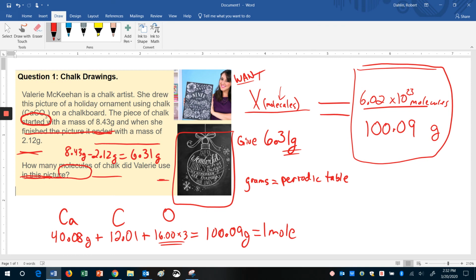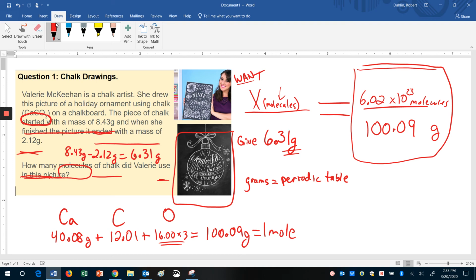Okay, now I simply need to cross multiply and solve for my answer. So I'm going to do that, 6.02 times 10 to the 23rd. And remember, use the EE button there. Okay, that's going to really help you out.